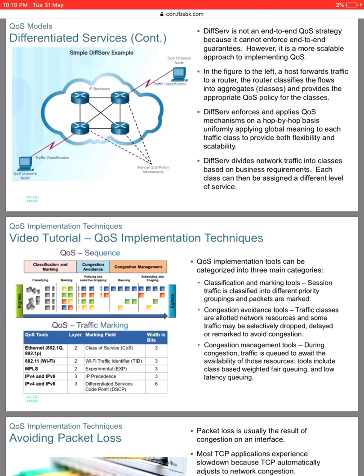So the differentiated services model is arguably the most commonly used QoS model. DiffServ works by assigning a value to each traffic type. Administrators set a DSCP, or differentiated services code point, value ranging from 0 to 63 for each traffic type to classify it according to priority and group traffic.